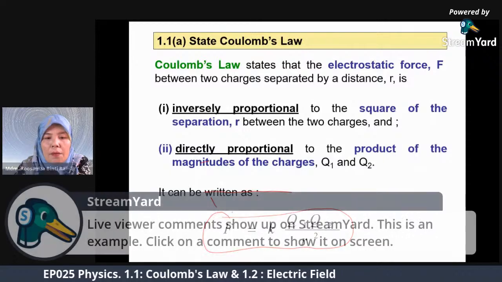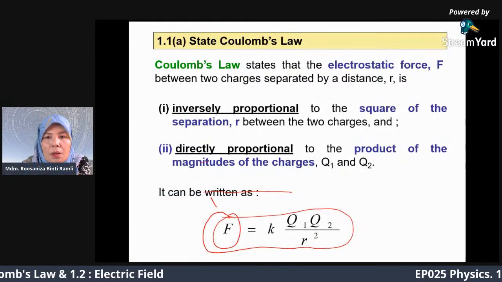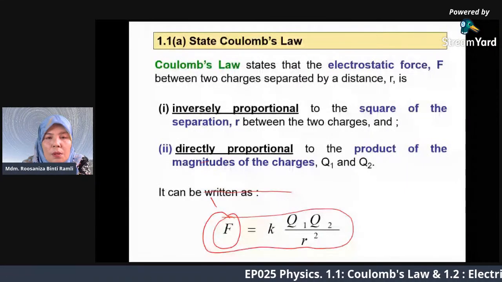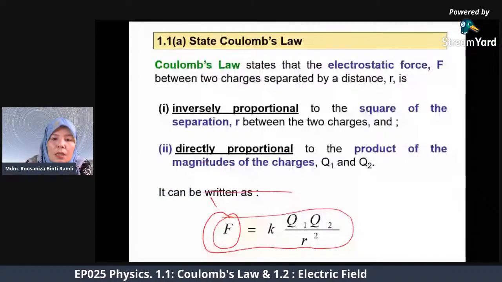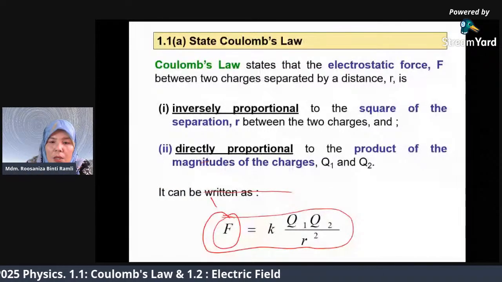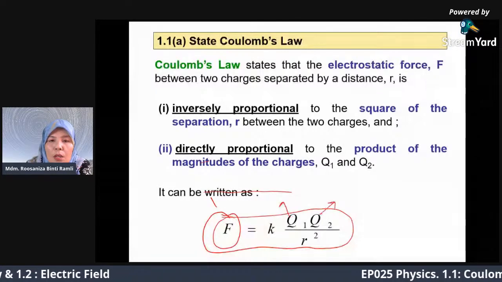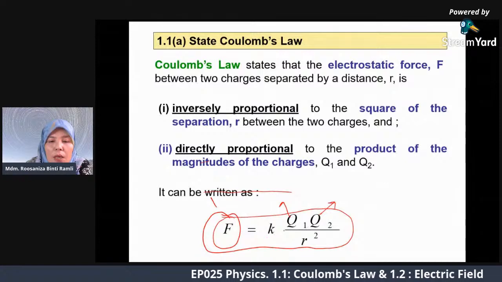So F means force, in this case we call it electrostatic force F. So Coulomb's law states the electrostatic force F between two charges, meaning charge Q1 and charge Q2, is equal to K Q1 Q2 over R square.